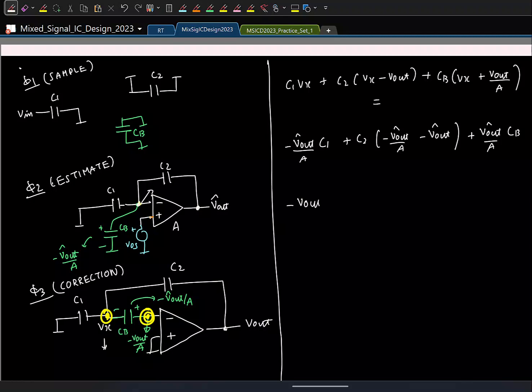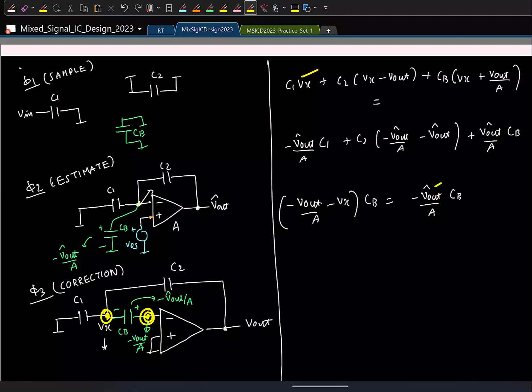This is minus V out by A minus Vx times CB, that is equal to the top plate of CB, so here also I look at the top plate of CB, which is minus V out hat by A into CB. That's all. I'm looking at only this plate. And that will give us Vx.